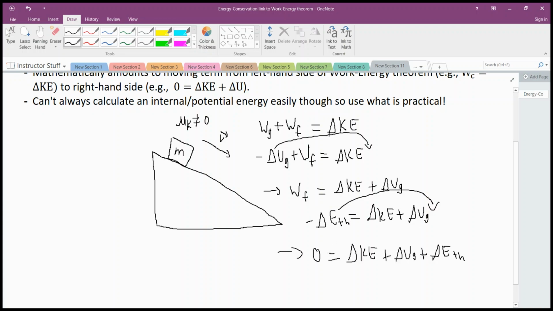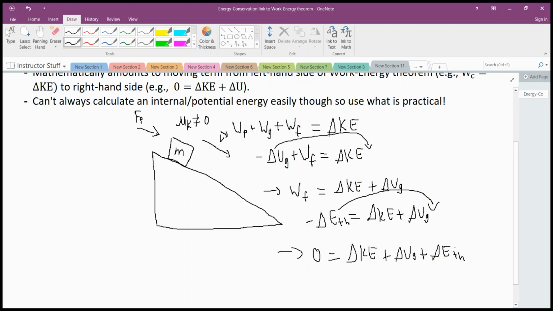It's possible that we could have had another external force, maybe somebody pushing the block as well, in which case now we would have an extra term here, a work push. If we happen to know what that work push did in terms of change of energy of the system, if we had some function for it, like we did for friction and for conservative forces, we can move it to the right-hand side as well, and we would once again get energy conservation.